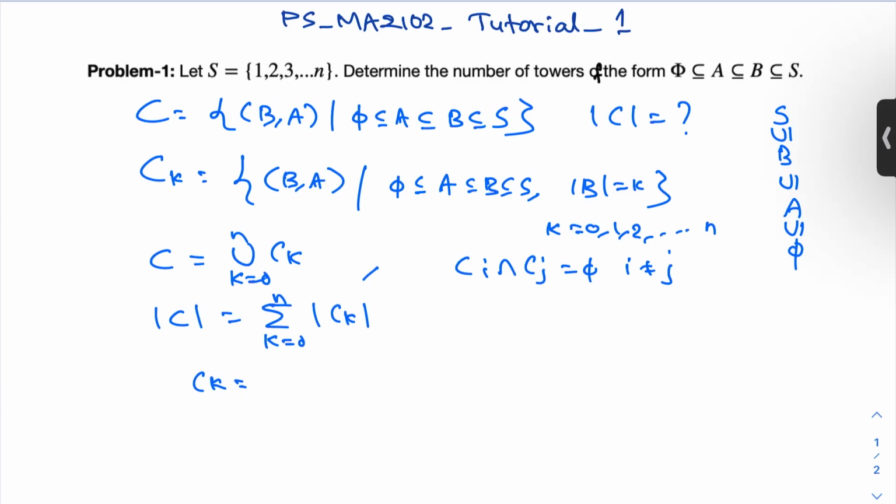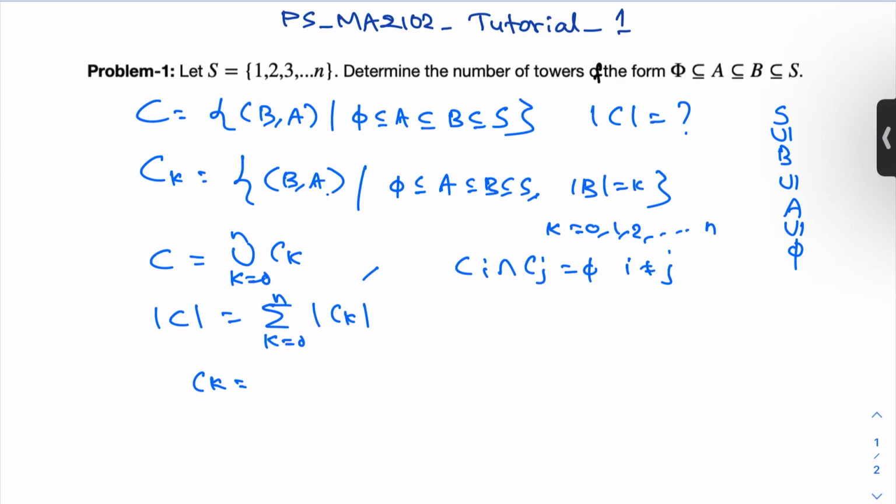What is Ck here? All ordered pairs (B, A), where A and B are subsets of S and A is a subset of B and size of B equals k. Now here B is a subset of S with size k. So to pick this ordered pair (B, A), first we have to pick B, then we have to pick A, where A should be a subset of B. How many ways can we choose B?